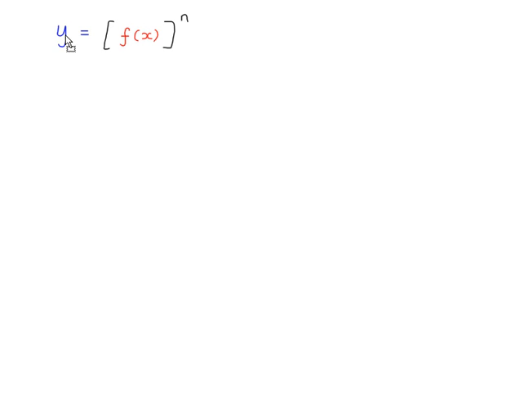Okay, so starting with this, y is equal to some function of x inside the brackets raised to a power. If I use a substitution here, so u is equal to f of x, so I'm going to substitute this part here, like I did in the previous example, the bit inside the brackets.